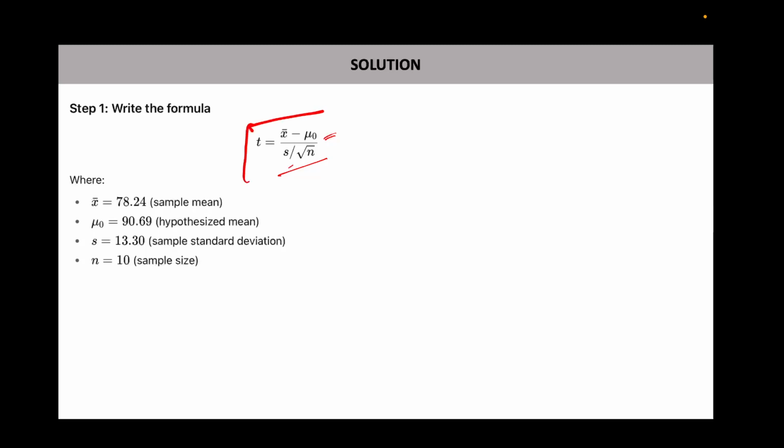The values given are x bar, the sample mean, which is 78.24; your hypothesized mean, mu naught, which is 90.69; standard deviation, which is 13.3; and the n value, your sample size, which is 10. Okay, so we have all these values.